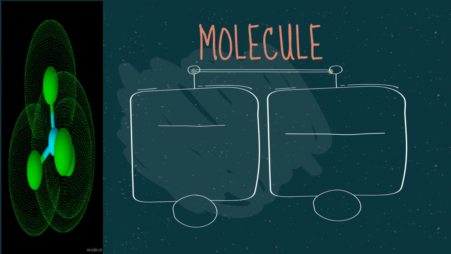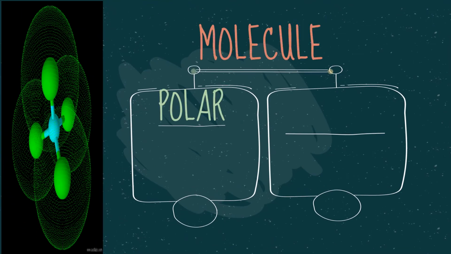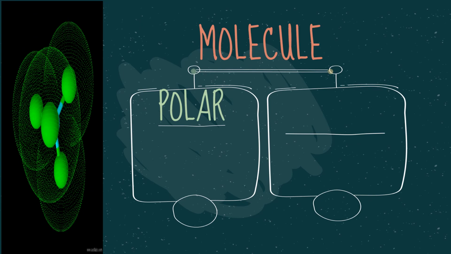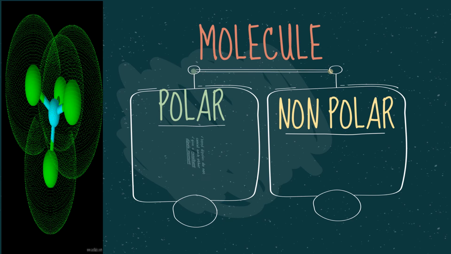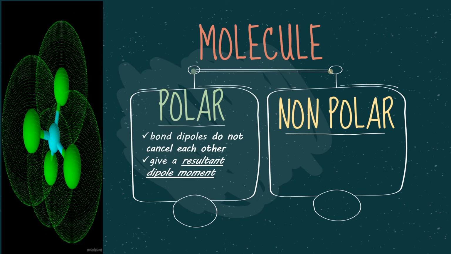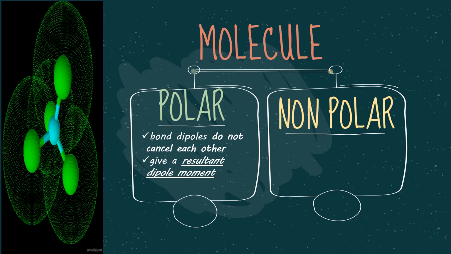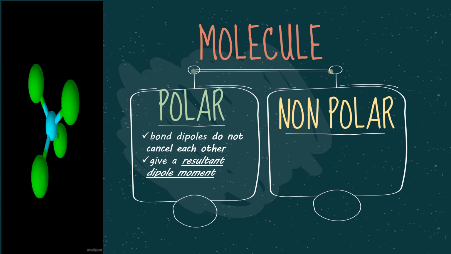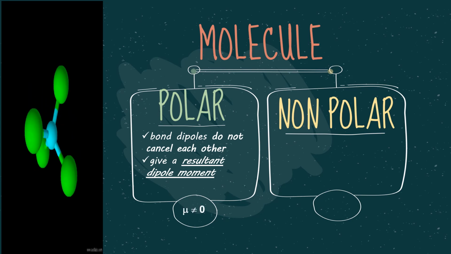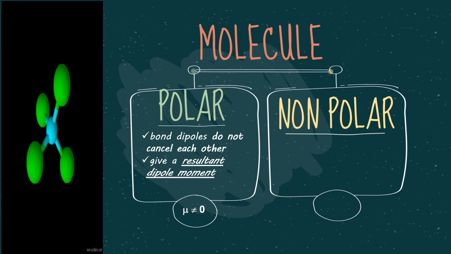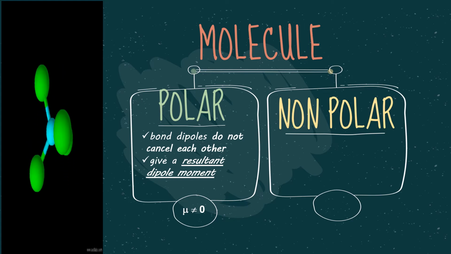A molecule can be polar or nonpolar based on the net dipole moment the molecule has. If the molecule is polar, it is because the bond dipoles do not cancel each other and give a resultant dipole moment, where we say that mu is not equal to 0. Mu here is the dipole moment.